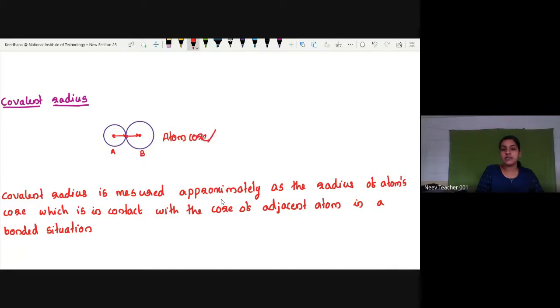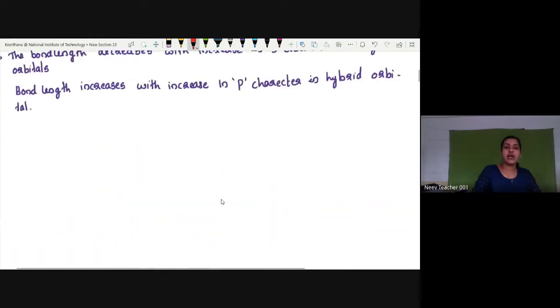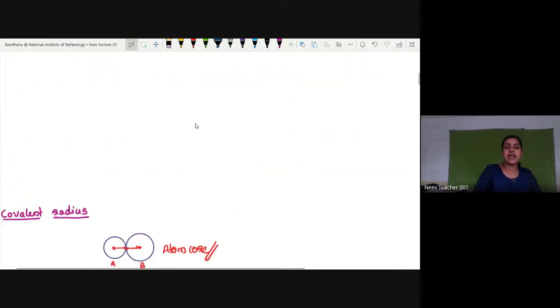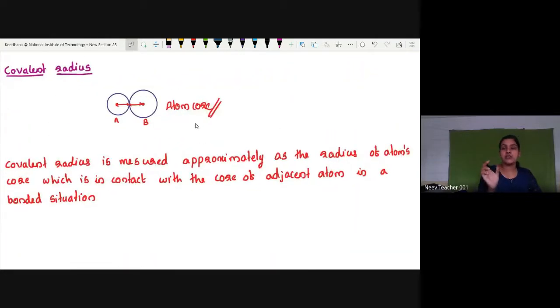Atom core means the portion which excludes the valence electrons, the valence shell involved in overlapping. When measuring the bond length, we exclude this valence electron part.